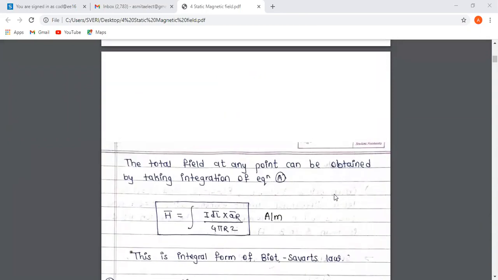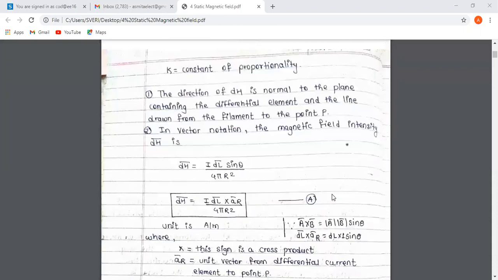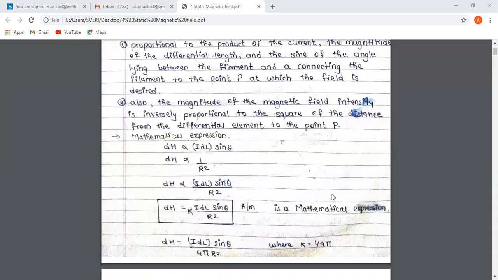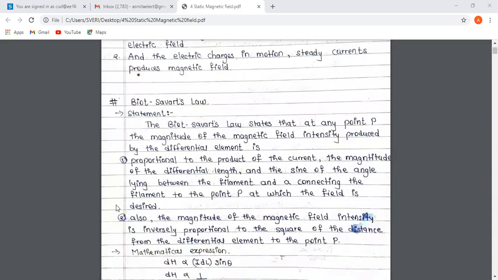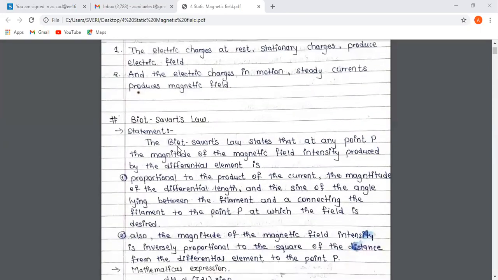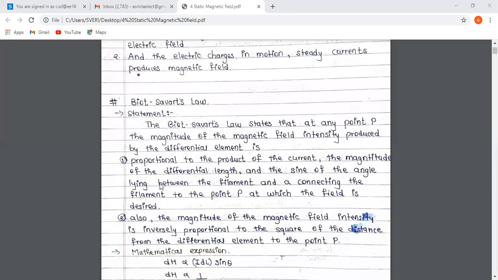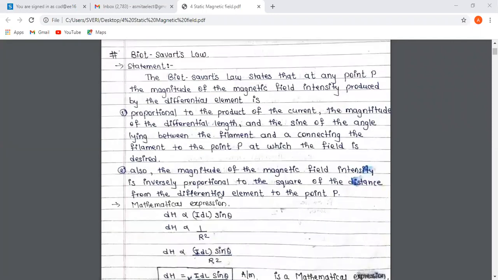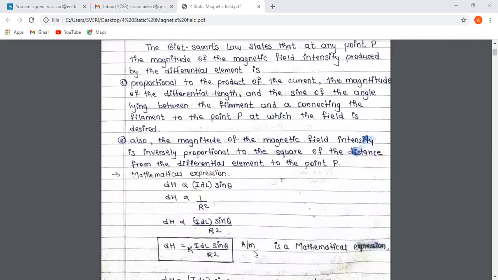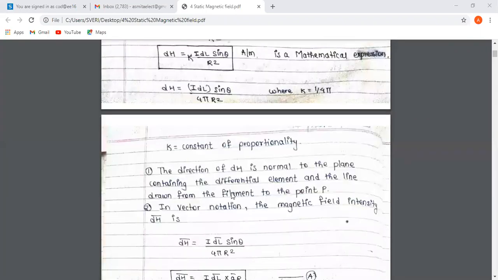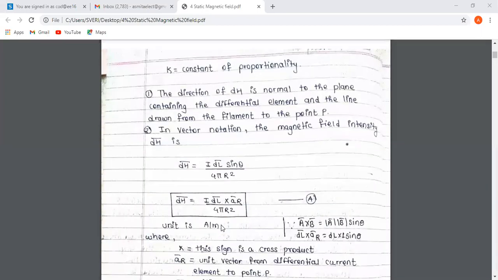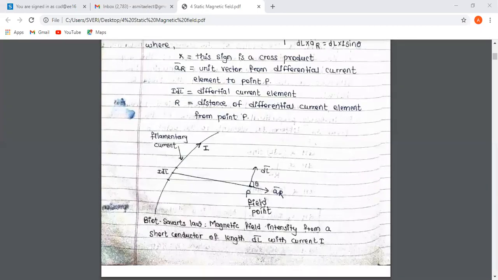This question is asked as: state and explain Biot-Savart law. If such a question is asked, first you have to write the statement, then you have to write this mathematical expression, and then you have to give the explanation by drawing this diagram. This question will be asked for 4 marks.